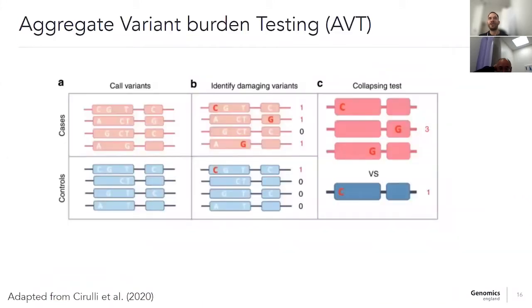And when looking at other types of analysis that we can do, we were also interested to look at rare variation, and we interrogated rare variants by collapsing those into burden testing type of approaches. And you can see here in this diagram that we can identify certain damaging variants, for example, missense or loss of function, and then we can collapse them into counts for cases and controls.